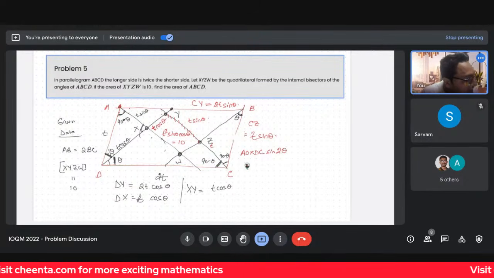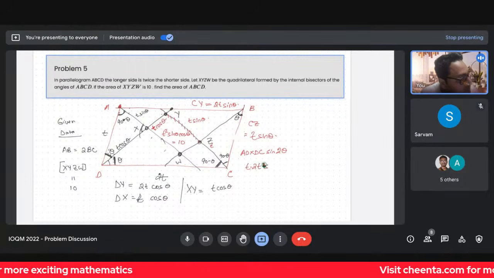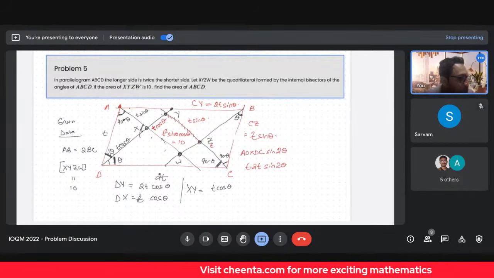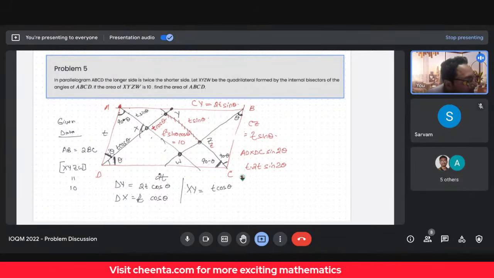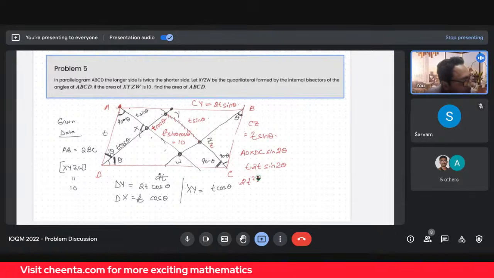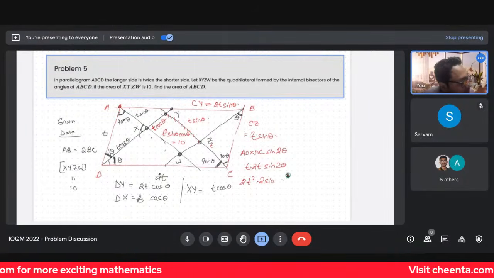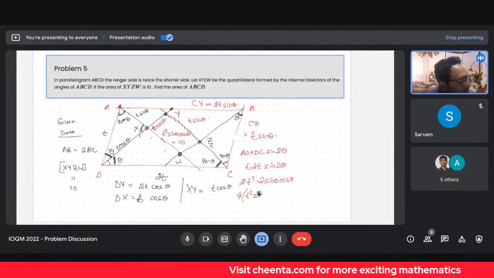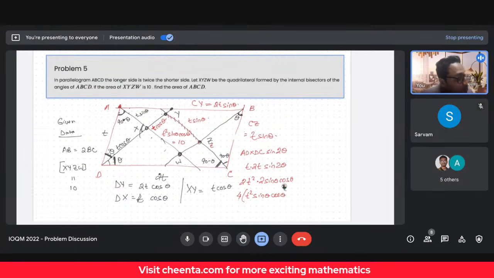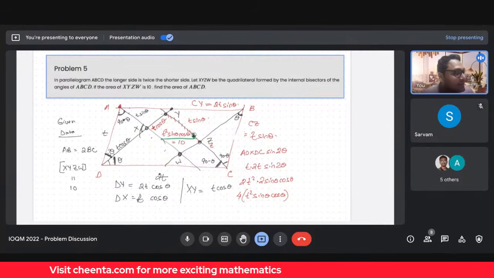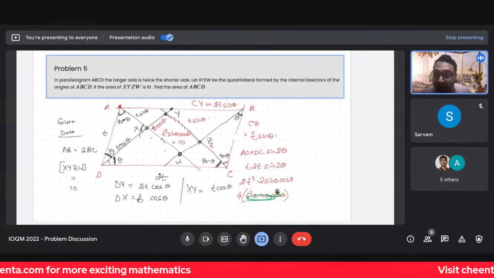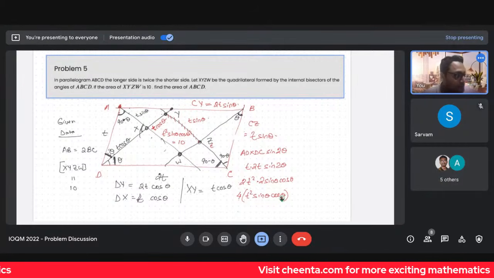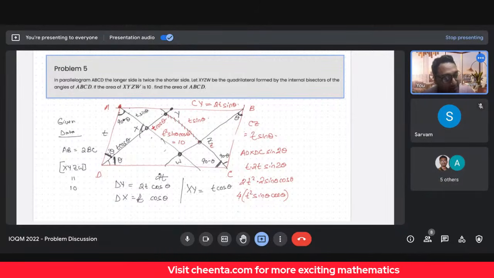So t times 2t sine 2 theta is the area of the parallelogram, which is 2t square times 2 sine theta cos theta, or 4 t square sine theta cos theta. You already know that t square sine theta cos theta is 10, so you can replace it by 10. So it's 4 times 10, which is 40. That's the final answer. So 40 is the final answer of this.